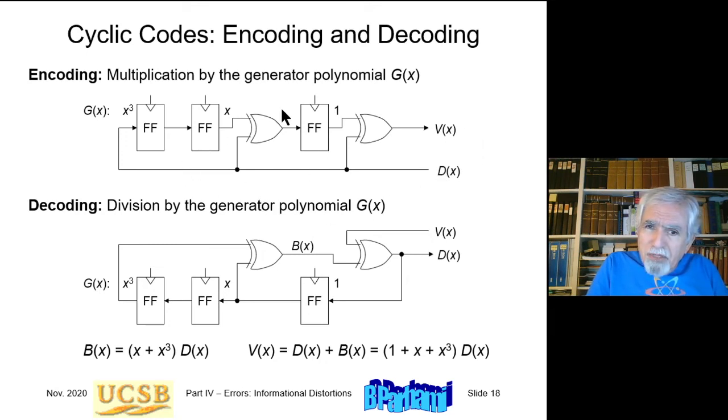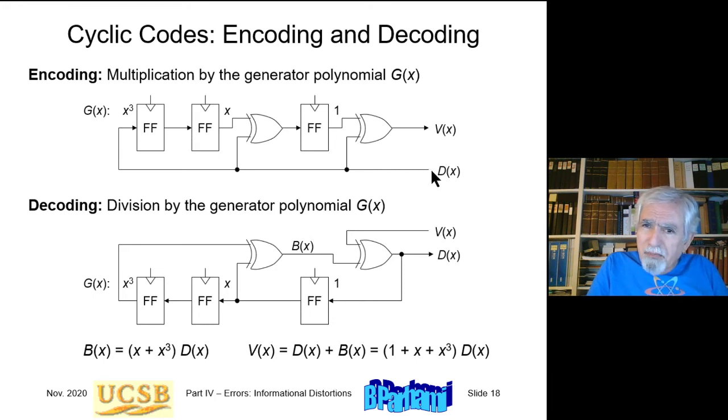Now, the structure of the circuit is dictated by the generator polynomial, which was x to the 3 plus x plus 1. So x to the 3, x, and 1 have flip-flops, the three terms that existed in that polynomial. And then you have an XOR gate between these two terms and between this one and the output, but not here. So that's the encoder. So it's a simple circuit.